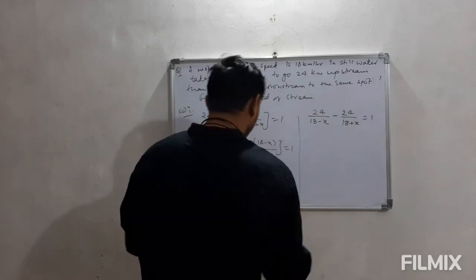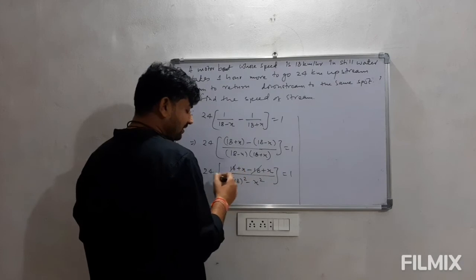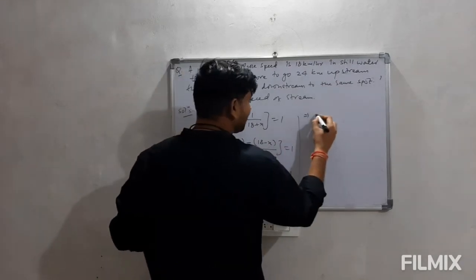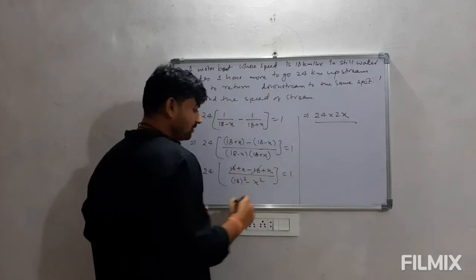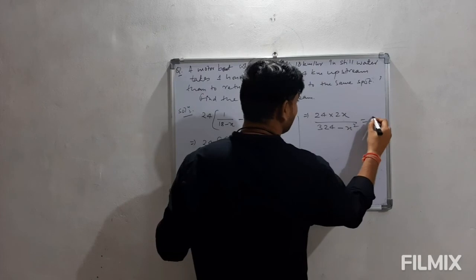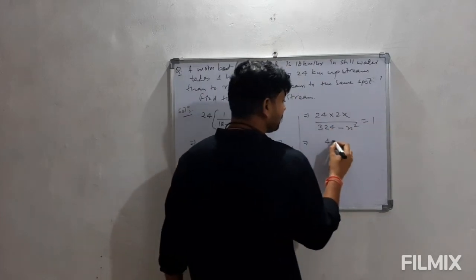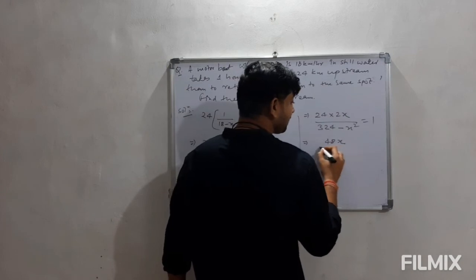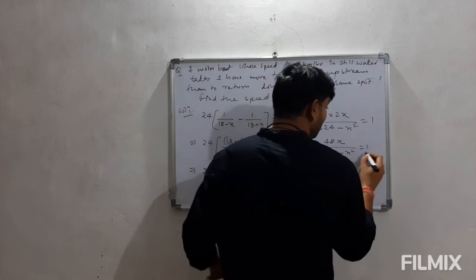Now when we look at this, 18 and 18 is cancelled, so simply we are getting 24 into 2x, x plus x here is 2x, upon 324 minus x square is equal to 1. Now 24 into 2 is 48x upon 324 minus x square is equal to 1.